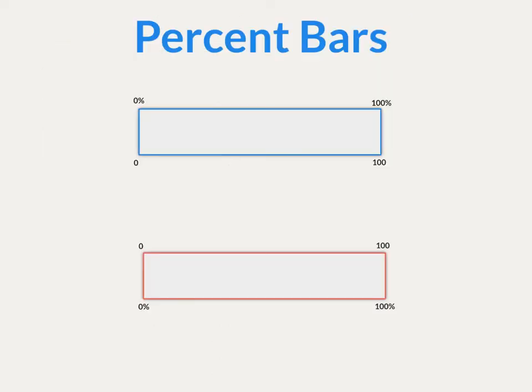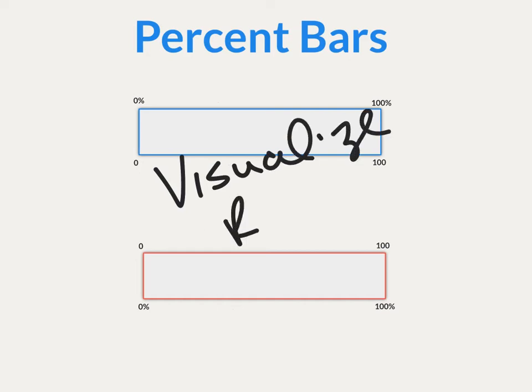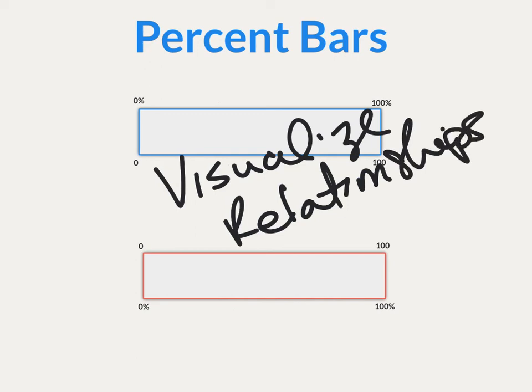Percent bars are simply one more tool that can be used to help you to visualize relationships between values. They simply help you to see connections that you can use to solve problems.